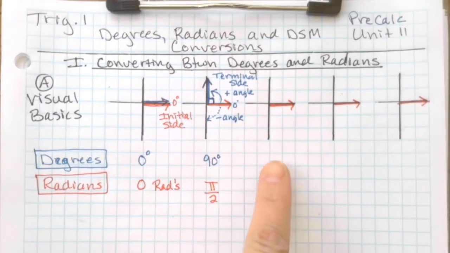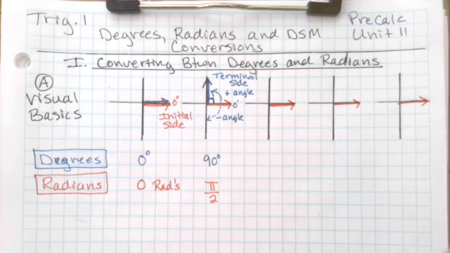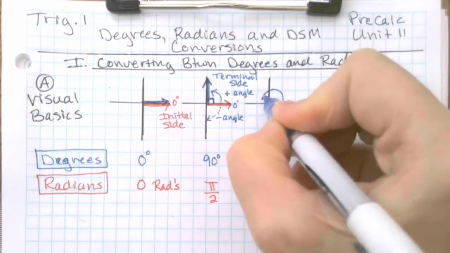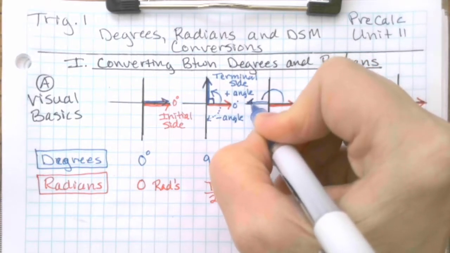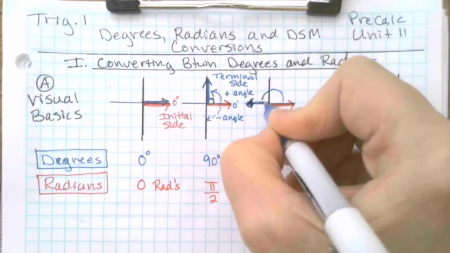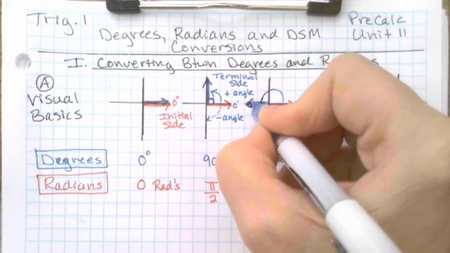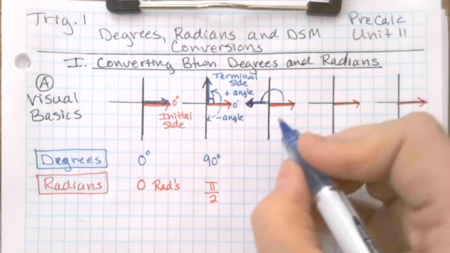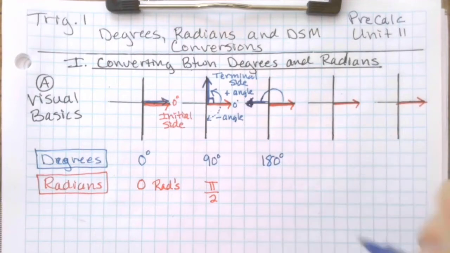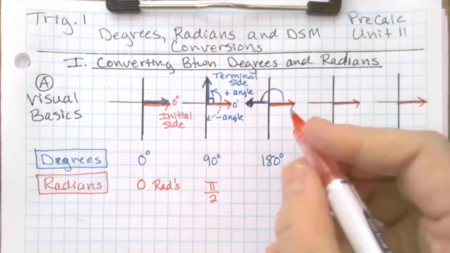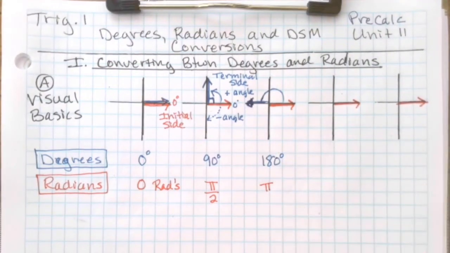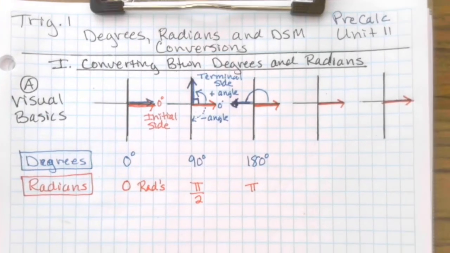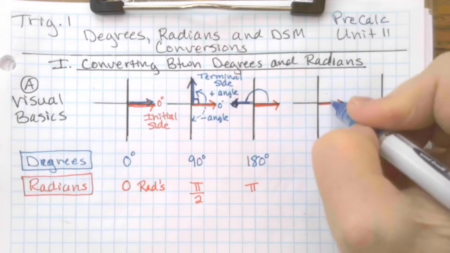Okay, so continuing on. If our terminal side, so the angle swings around, and our terminal side is going directly to the left from the initial side, well, in degrees, you know that that is 180. We learned that in geometry. In radians, it is pi radians. So half of a circle is pi. Okay, continuing on.